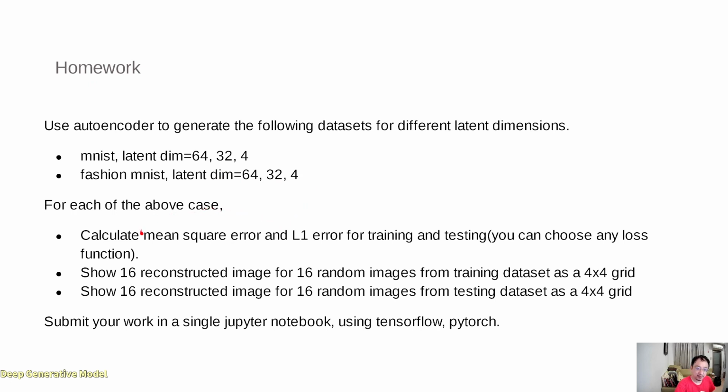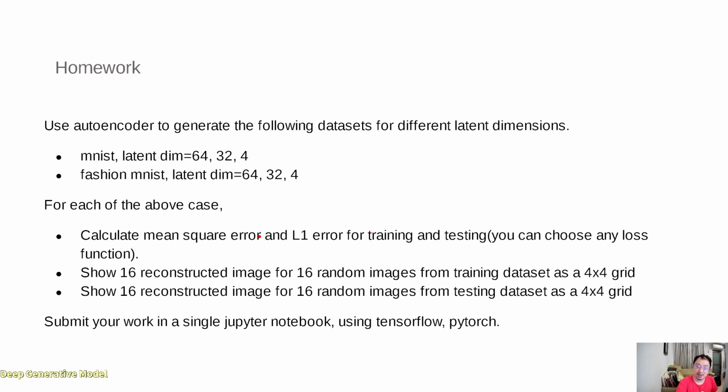Also, after you train this, what you should show in the notebook is the mean square error and the L1 error on the training and the testing sets. This is the measurement.